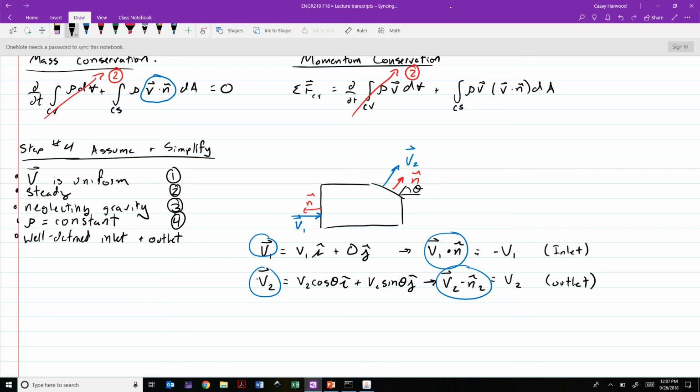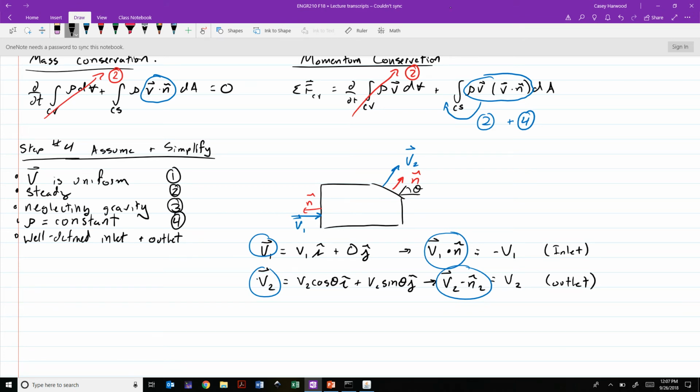We'll come back to neglecting gravity in just a second, but then the fact that rho is constant means that it also can be moved outside of the integral, just like any other constant value. So that means that everything here, basically, can be moved outside of the integral according to points 2 and 4 in our simplifications.